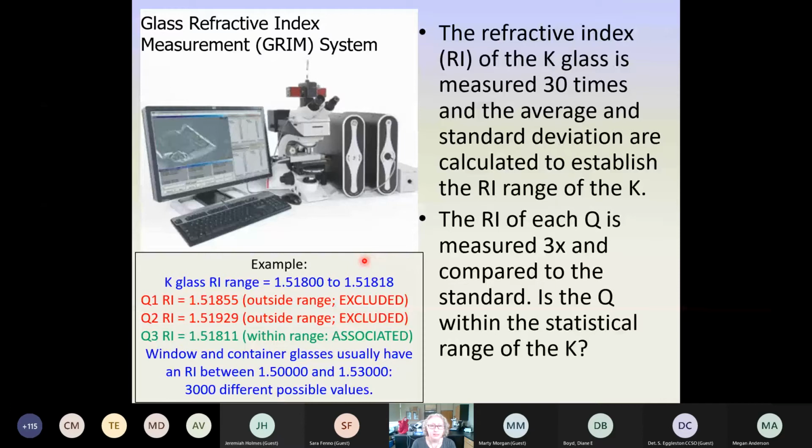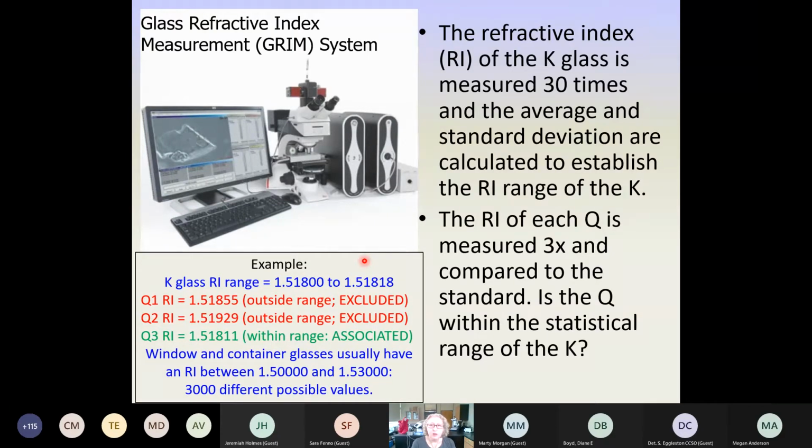So I will get a slightly different refractive index from the base of that bottle compared to the neck of that bottle. So what I need to do is make enough measurements of different parts of the bottle that I understand what is the whole range of this characteristic for that broken item. And same thing for a windshield. It's going to cool at different rates, different parts of it, and we need to be able to assess that.